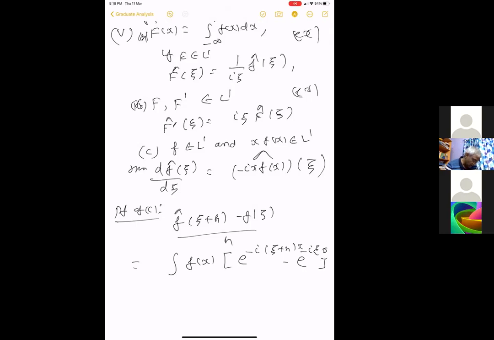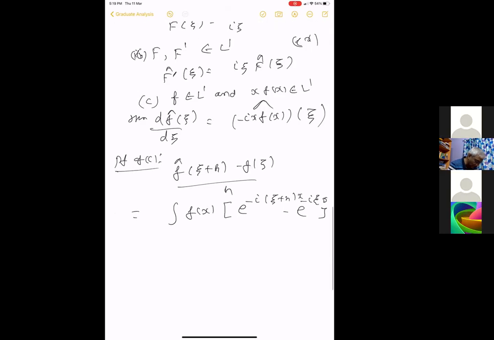Okay, so now notice the integrand. What do we want to do? We want to say that this converges to something. So consider e power minus i xi plus h x minus e power minus i xi x, divided by h.